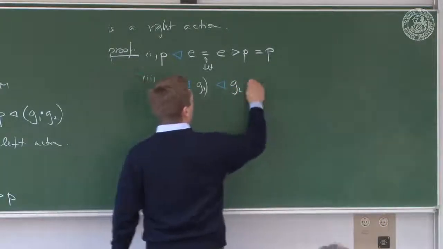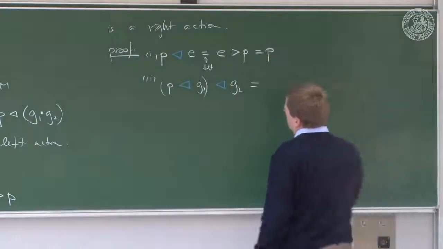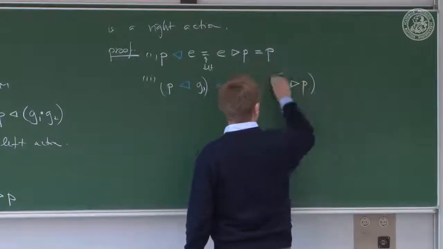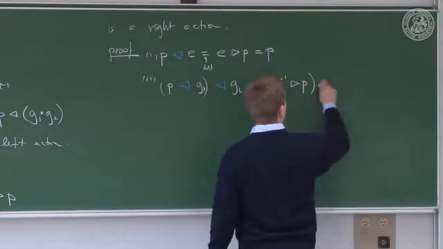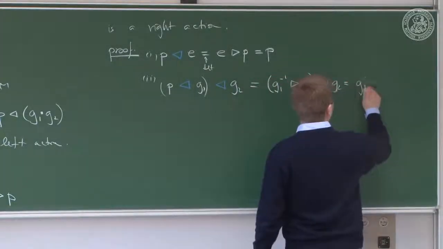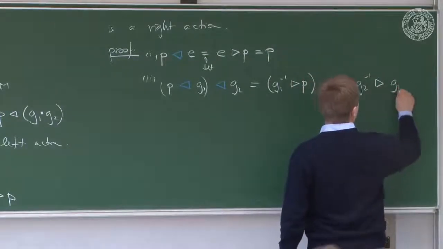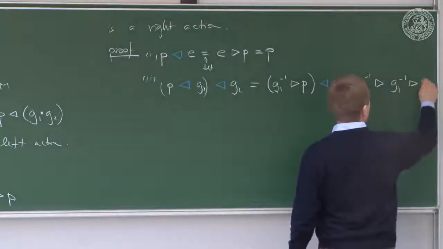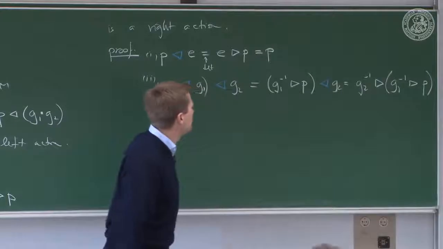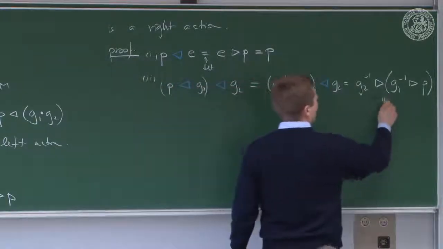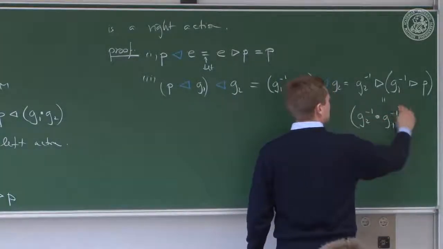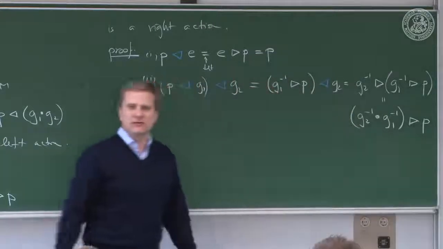And well, we now use the definition, first use the definition in brackets, that's G1 inverse acting from the left on P, and then on this from the right we still have the G2 acting, and that's of course the G2 inverse acting from the left on the G1 inverse acting from the left on P. We have this guy. But of this guy here, we know that G2 inverse G1 inverse acting from the left, that this is true because it's a left action.